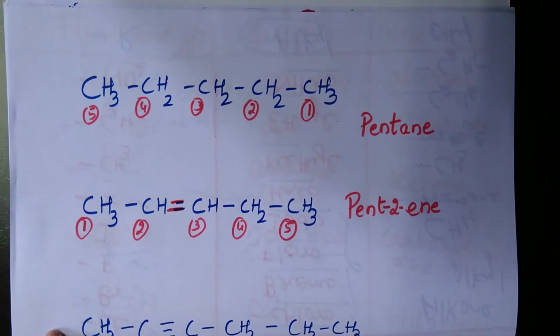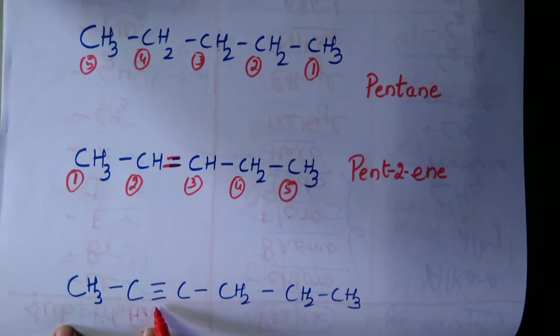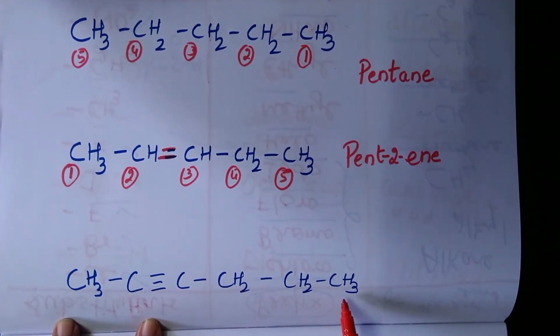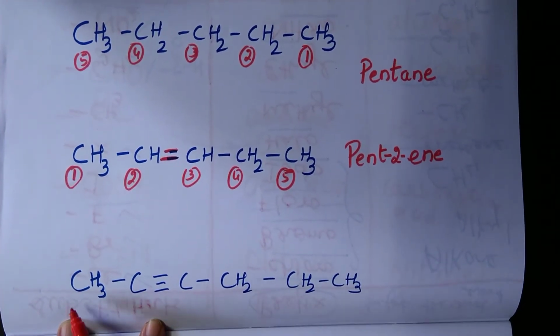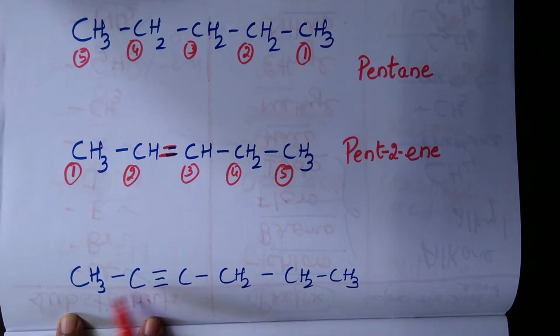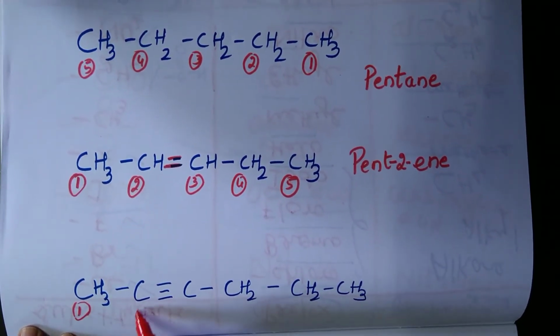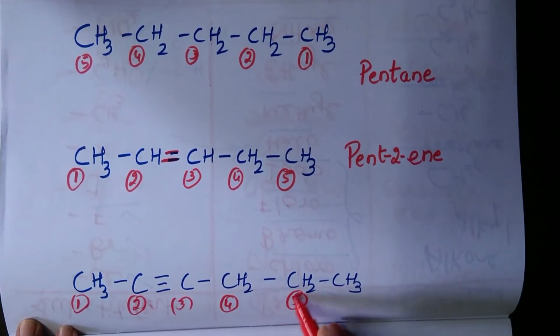We'll take up another example here, the third one. So we have a carbon-carbon triple bond. If I number it from this side, it will be 1, 2, 3 and 4. If you number it from the other side, it will be 2. So number it from the other side. So 1, 2, 3, 4, 5 and 6.